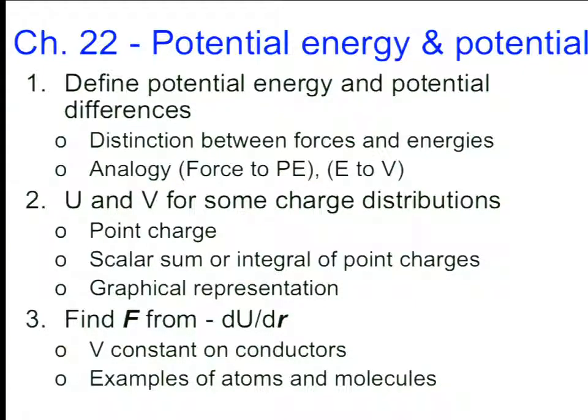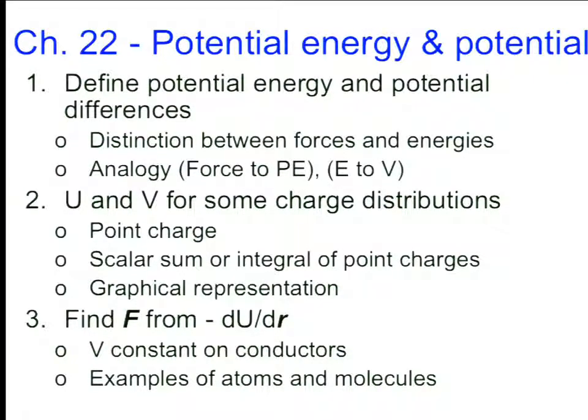Namely, if you lose kinetic energy, you gain potential energy. If you lose potential energy, you gain kinetic energy. And that's why we have to define this in this funny way. It's the negative of the work done by the field. Now, it just works out that way nicely, because then you can write a law like that. And if you do that, it makes some problems very much simpler.